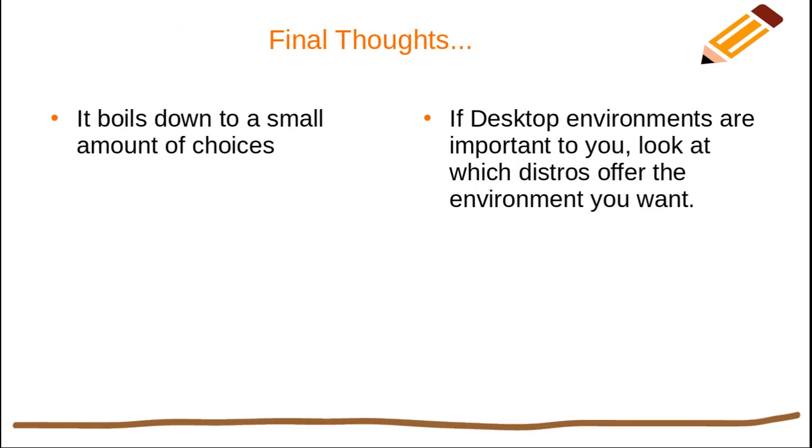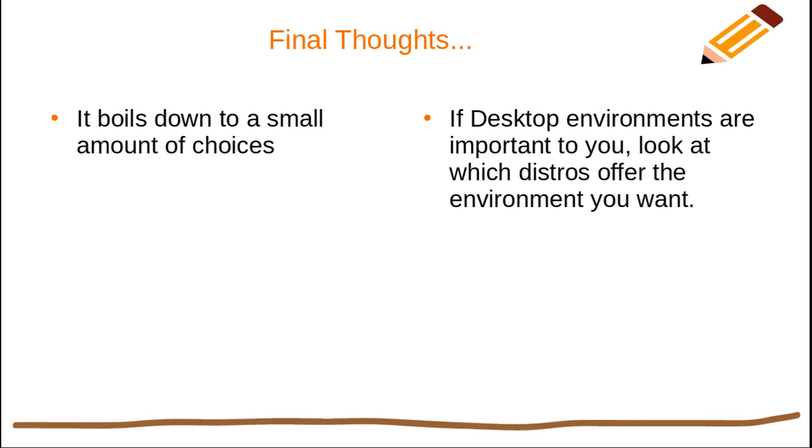And really, once you've done that, it's going to boil down to a small set of choices. In my opinion, like I said, desktop environments matter more than one might think. That's why I think it's important to follow those steps in that order, because once you've chosen which desktop environment you want to use the most, then you can look at which distributions offer that desktop environment, and just go with the ones that are the most popular, honestly.